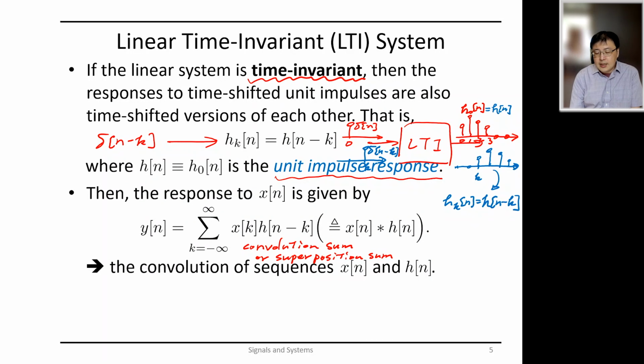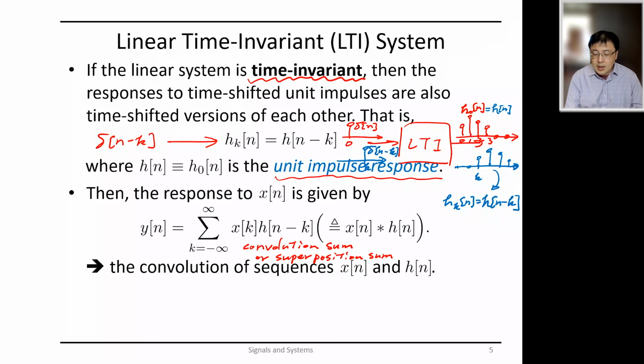Now, if you look at this expression, you will see that given the unit impulse response h of n, we will be able to derive the output to any possible input x of n, if the system is linear and time invariant.